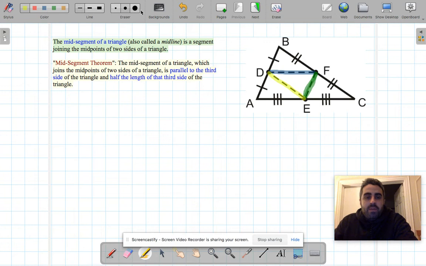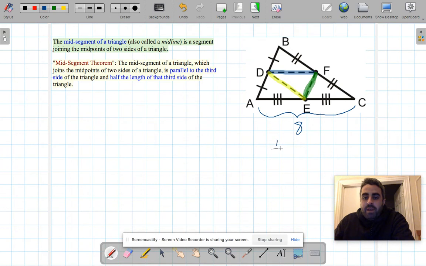So the midsegment theorem states that the midsegment of a triangle, which joins the midpoints of two sides of a triangle, is parallel to the third side and half the length of that side. So, for example, the side length DF is half the length of the side that's directly across from it, AC. So if AC, let's say, was 8 units, DF would be half of that.